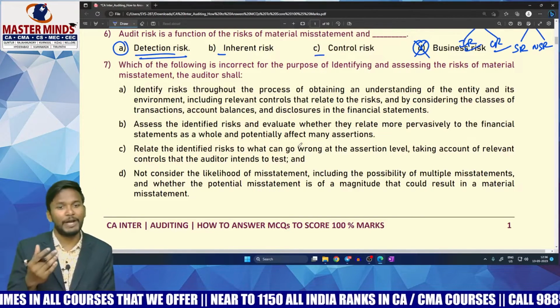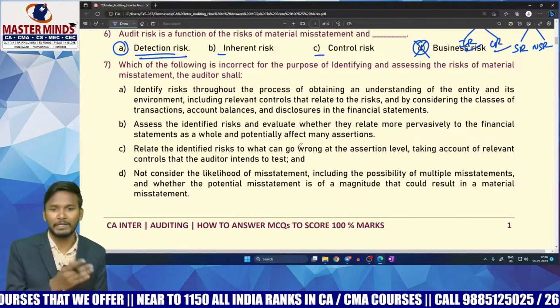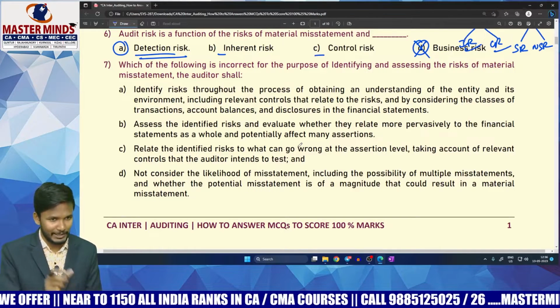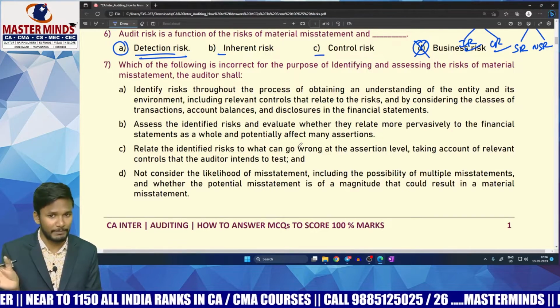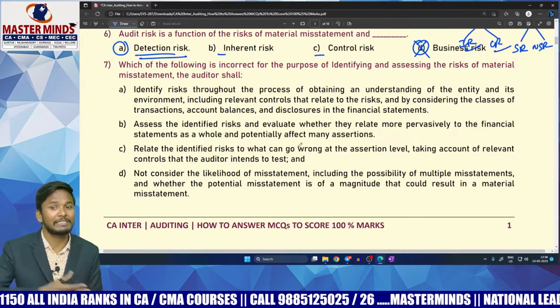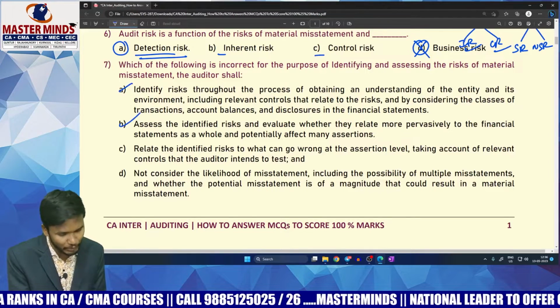Obviously, once you identify a risk of material misstatement, it may be at two levels: financial statement level or assertion level. Even that will be done in SA 315. SA 315 is not merely about identifying and assessing. What about assessing? It may be at financial statement level, assertion level. It may be pervasive, non-pervasive. So point B will also be absolutely correct.